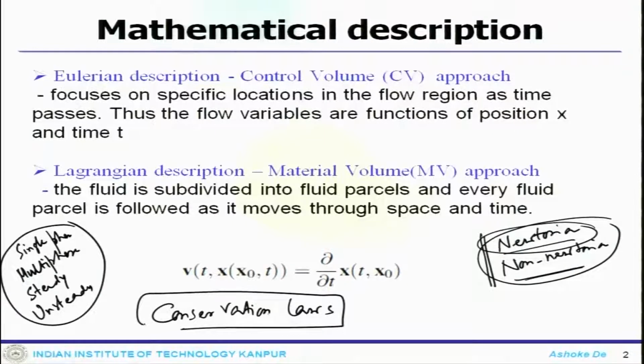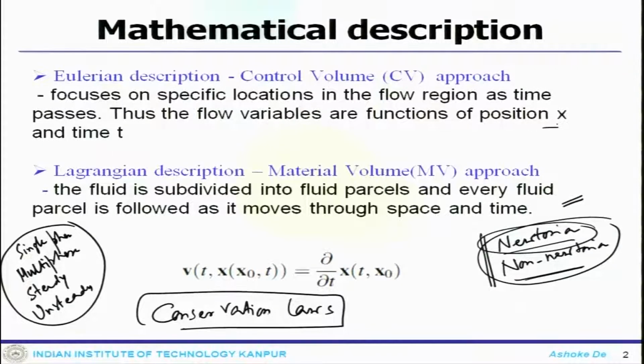In the Lagrangian approach, the whole fluid is subdivided into small particles and you track individual particles. In the Eulerian approach, you focus on a specific location in the fluid flow system and, as time goes by, you calculate the system. So, which essentially becomes a function of x and t.